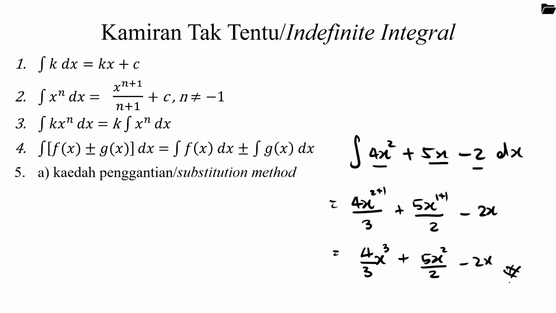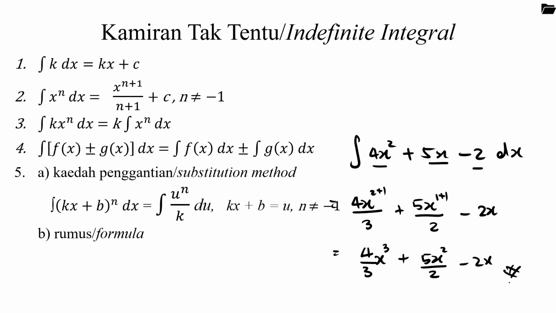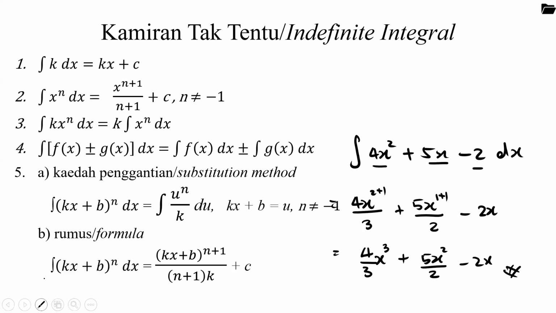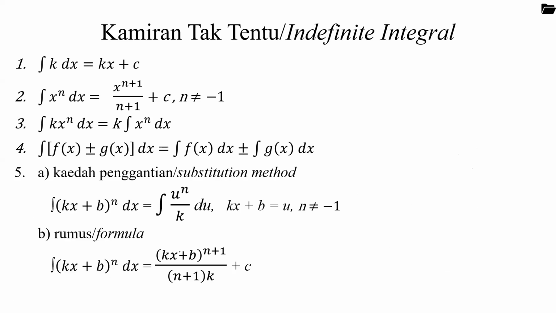Any more complicated? Yes, the number 5. We have the substitution method. Another one is the formula. I introduce the formula first. Never mind, you copy this one first. I explain to you. It's the same thing. Okay, we go to the formula first.